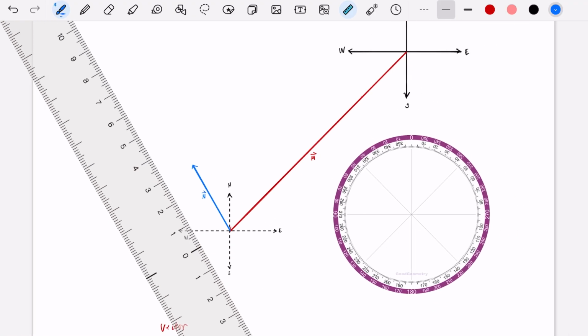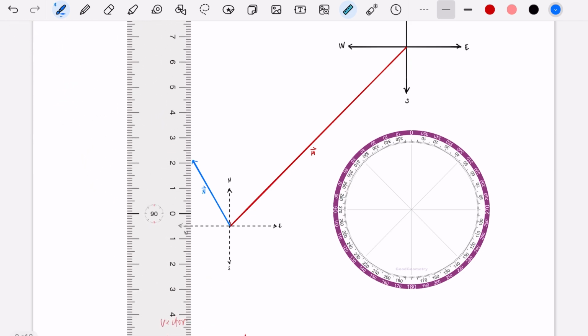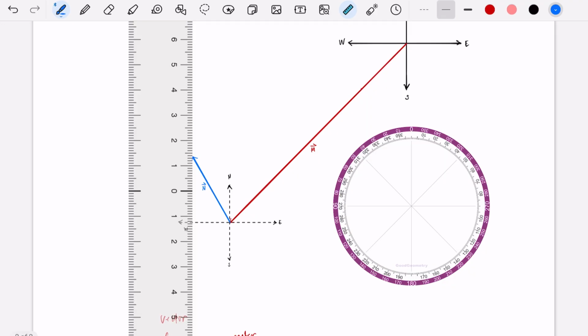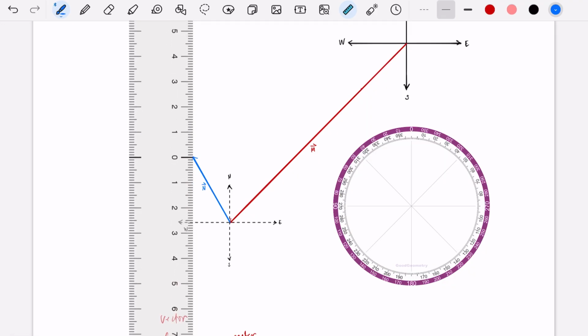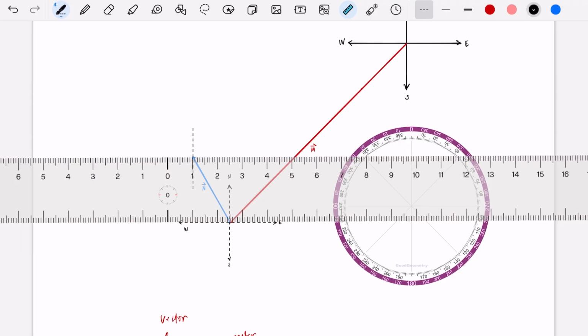Alright, so we're now down to the third vector. Again, we go back to what we did earlier. We define a new xy plane, or the Cartesian plane, which defines our directions. So this will be it, and the y should be this point, on the very tip of the vector.